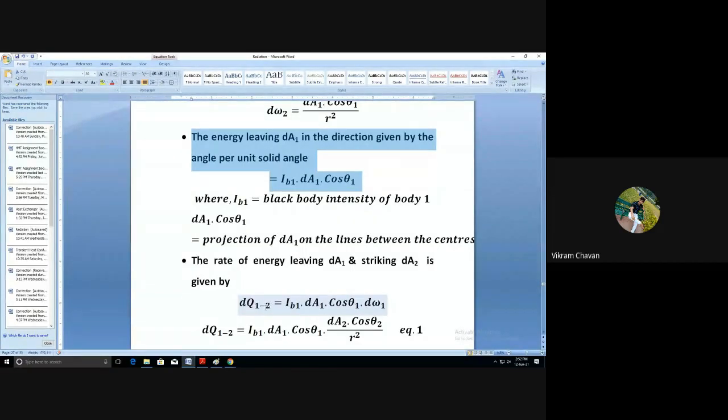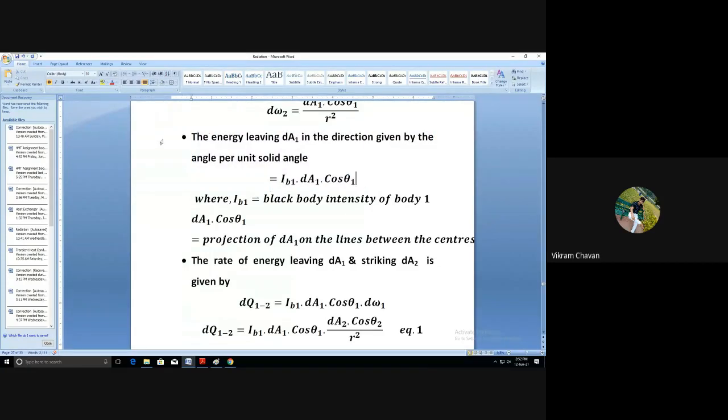That is nothing but dq1 to 2 divided by dA1 cos theta 1 multiplied by d omega 1. That is the definition of intensity of radiation. Okay, let us see.